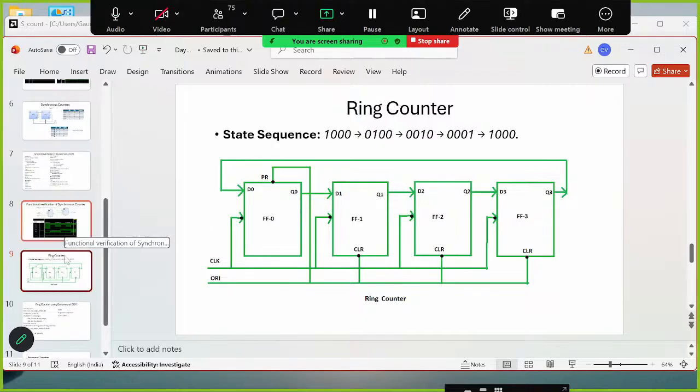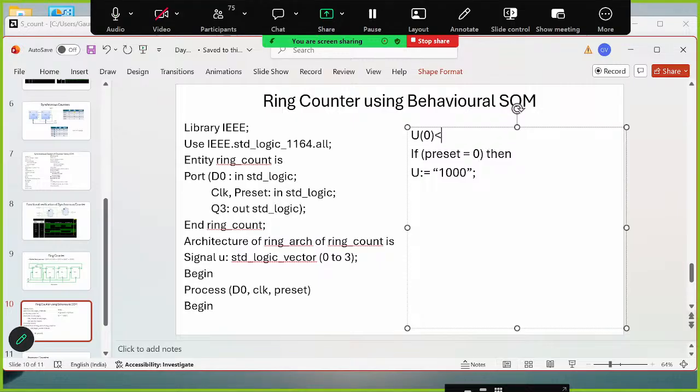Initially when it starts, let me write the signal assignment statement: u(0) gets the value of D0.